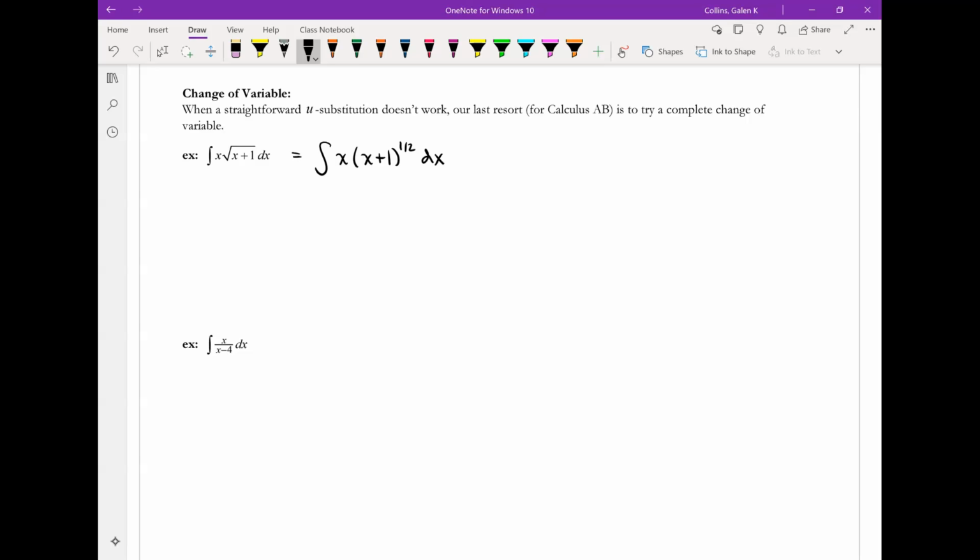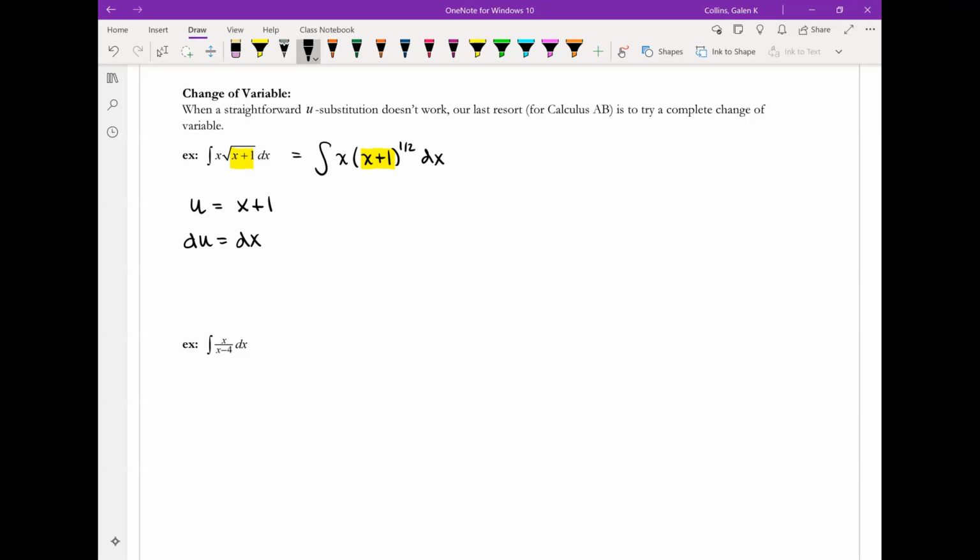All right, it's going to start off just like a u sub. So we're going to let u be the innermost thing, which is x plus 1. So u is x plus 1. I'm still going to find du. Du is just 1 dx, so dx.